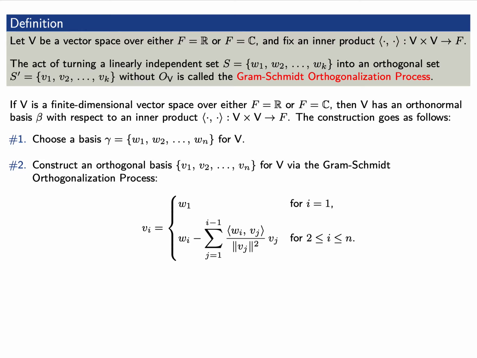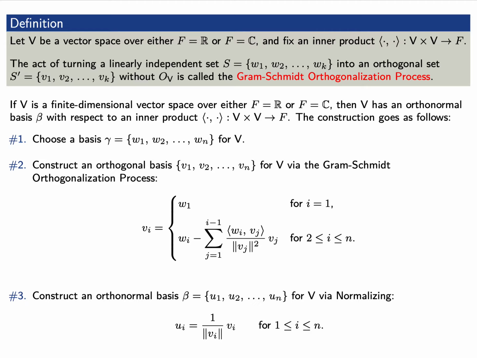The point is that V sub 1 equals W1, and V sub i equals, recursively, Wi minus a certain linear combination of the previous V sub j's. And third, we'll construct an orthonormal basis, U sub i, in terms of the vectors V sub i, by simply taking the vectors V sub i and dividing them by the norm.